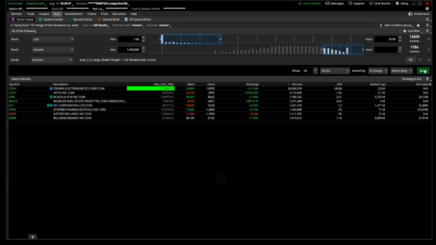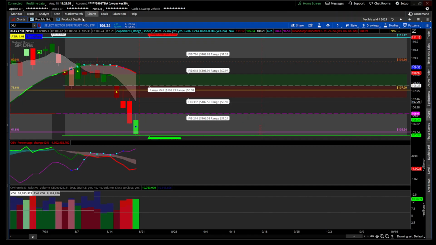CRKN has the most volume for its weekly break. And I'm looking at this on one bar, CRKN.